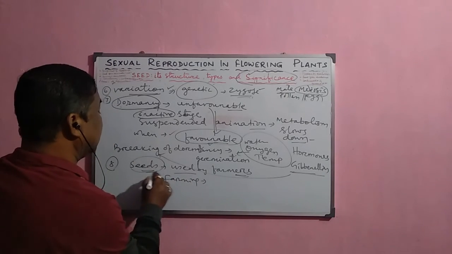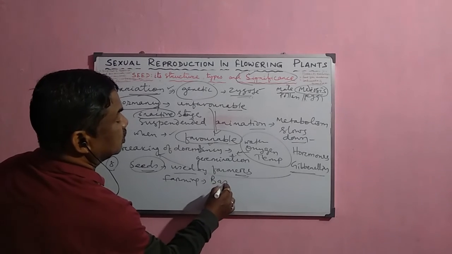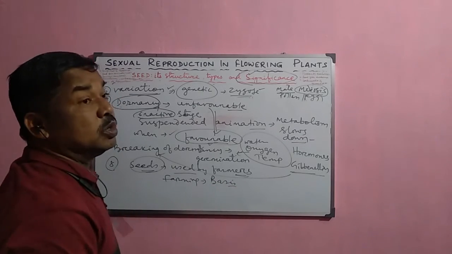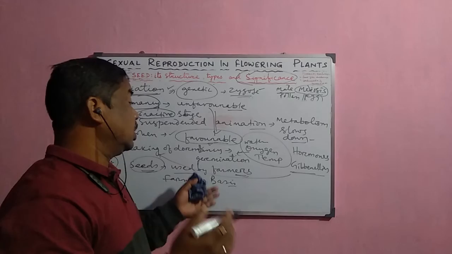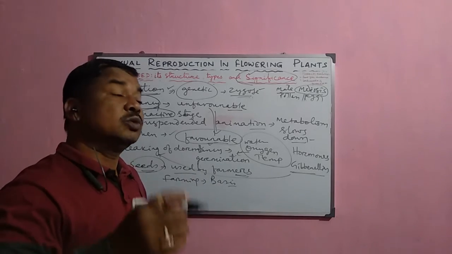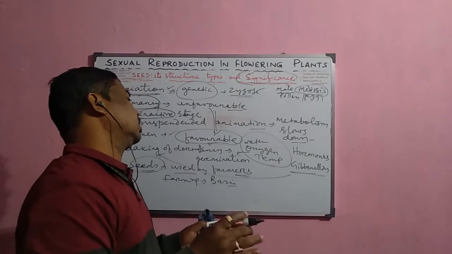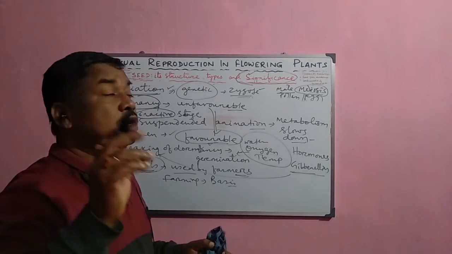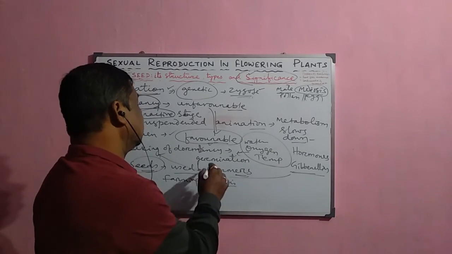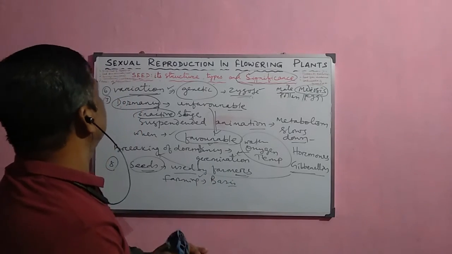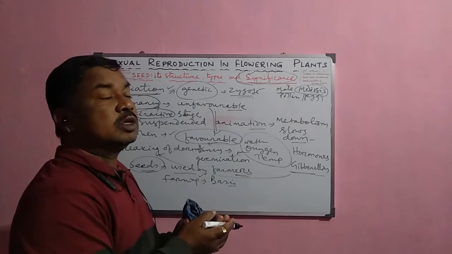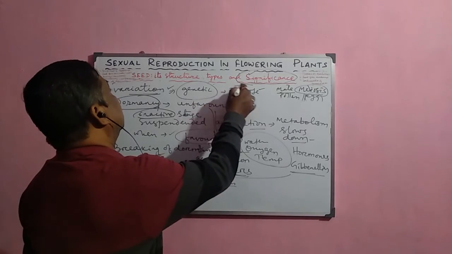Now the seeds are the basis of this cultivation. So when we prepare the soil, after the preparation of the soil, we sow the seeds there. Not the fruits or any other part. The seeds are used for the cultivation process, as the basis of cultivation. So these are the very important significances of the seeds.